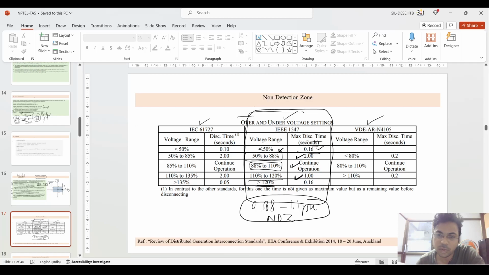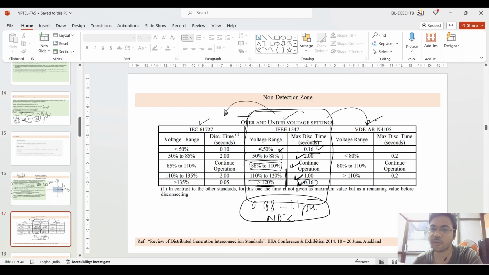For 110 to 120%, the disconnection time is 1 second, and for greater than 120%, that is greater than 1.2 pu, the disconnection time is 0.16 seconds. So if your voltage goes above this threshold, your operating time, the disconnection time, is reducing. This is to avoid these faulty conditions.